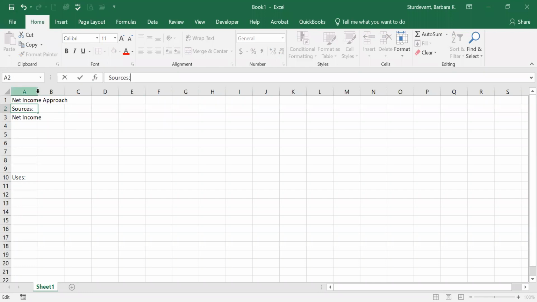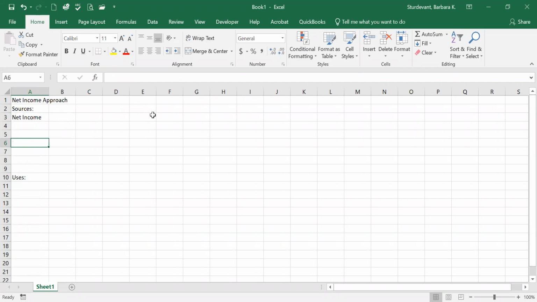So the first thing, as I said, is that you're going to put the net income down, and you can put that all the way across because you're going to have several years to do. We're looking at this from a cash point of view. So similar to cash flow statements, the first adjustment we always made was to add back the depreciation.